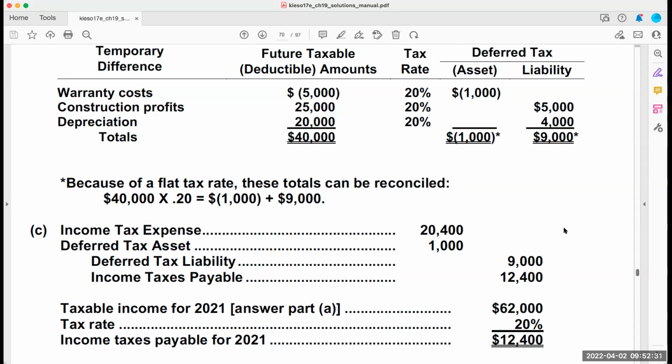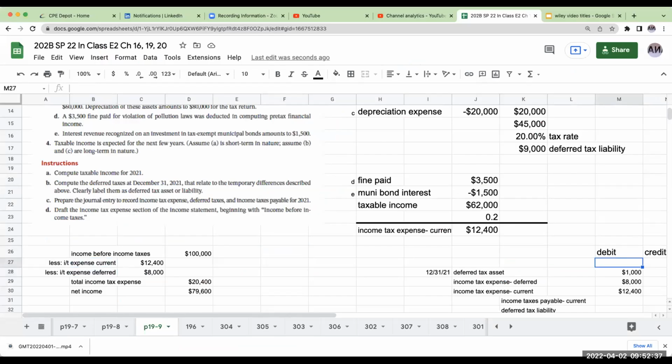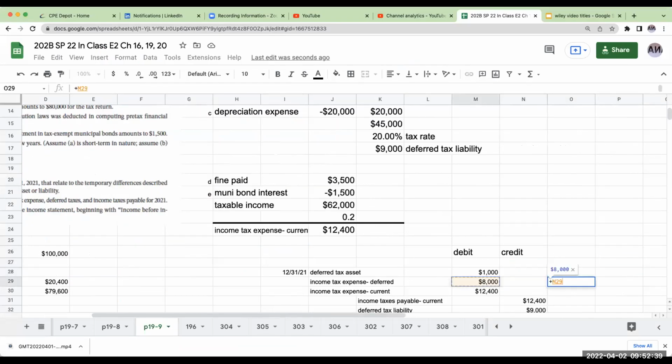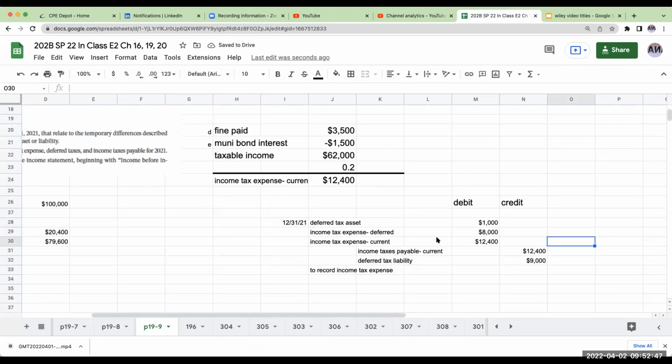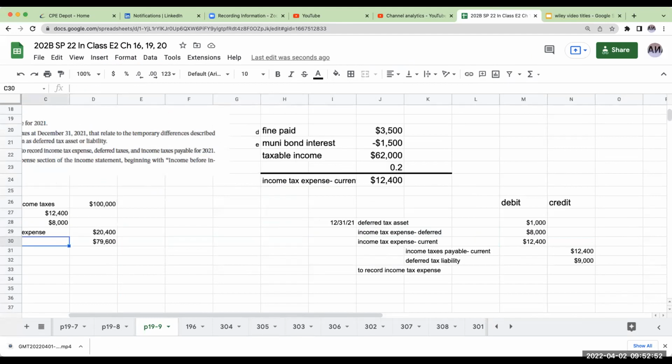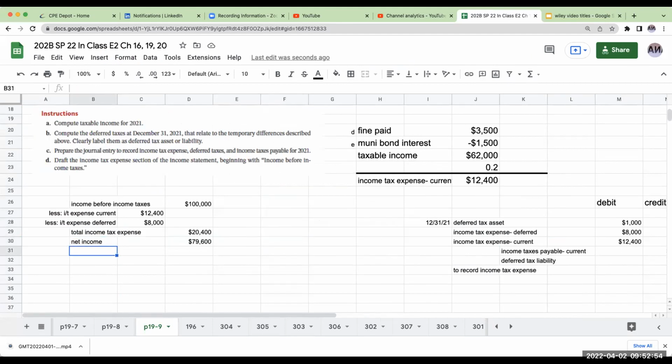Okay, and I'm just going to go ahead and change my share back to here. But if you notice this, I'm breaking this out in the journal entry. It still equals 20,400. But why am I breaking it out? Because if I do it like this on the journal entry, when it comes to doing the tax provision, it's going to be that much easier to go through and do. So that was problem 19.9.